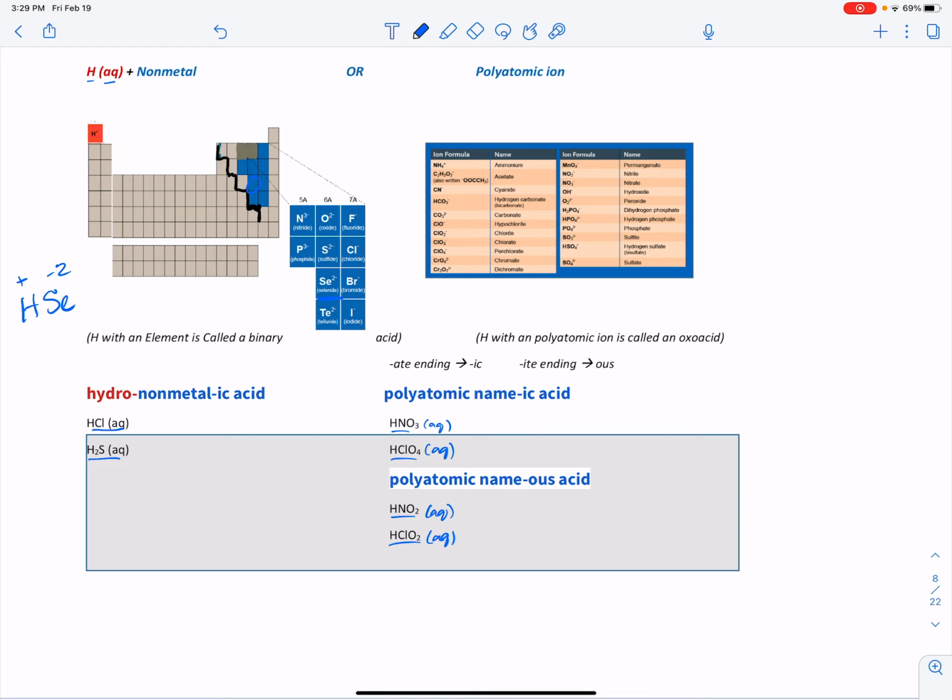And so you will need 2 H's to balance out that charge, so that you have the 2+ and the 2-. So you can do that with H's. Just remember, all H's are +1. It's usually the H that you have to have lots of when you're doing acids when the anions have charges other than -1.